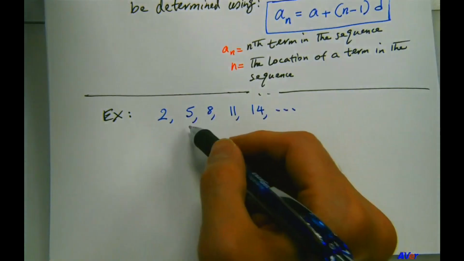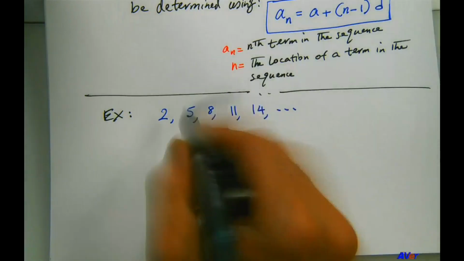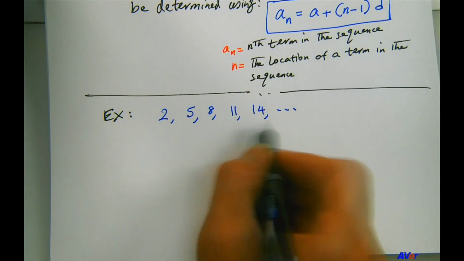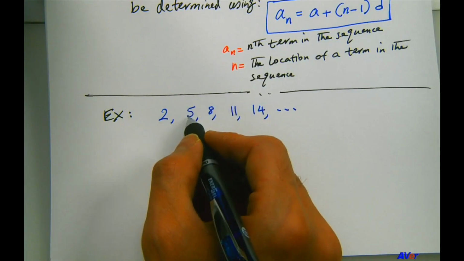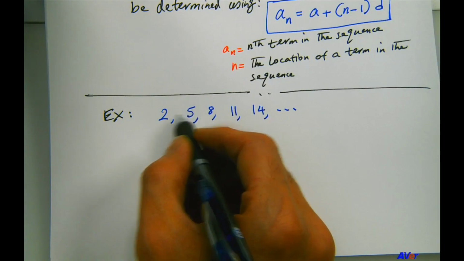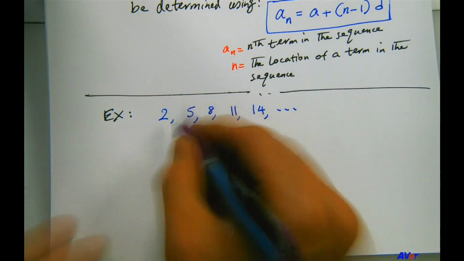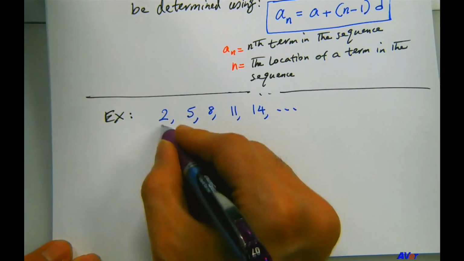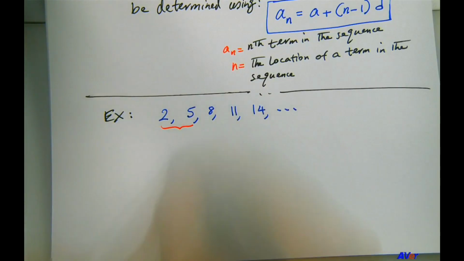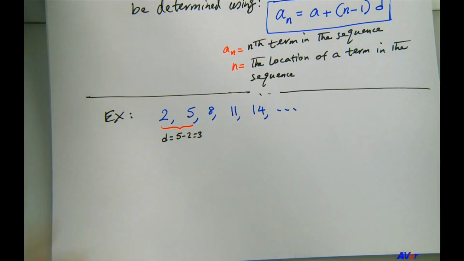Here, the common difference, or D, is 3, because if you take any two consecutive terms in this sequence and find the difference, it's going to be 3. You always take the next term and subtract the previous term from it. So let's take these two: D is 5 minus 2 equals 3.